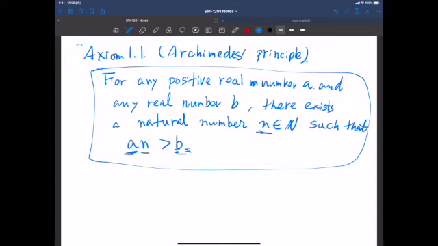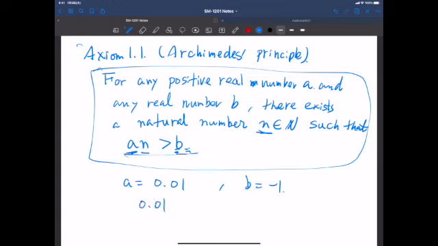Okay, what does this mean? So for example, let's say a is 0.01 and b is -1. Any natural number can actually satisfy this a n greater than b, right?